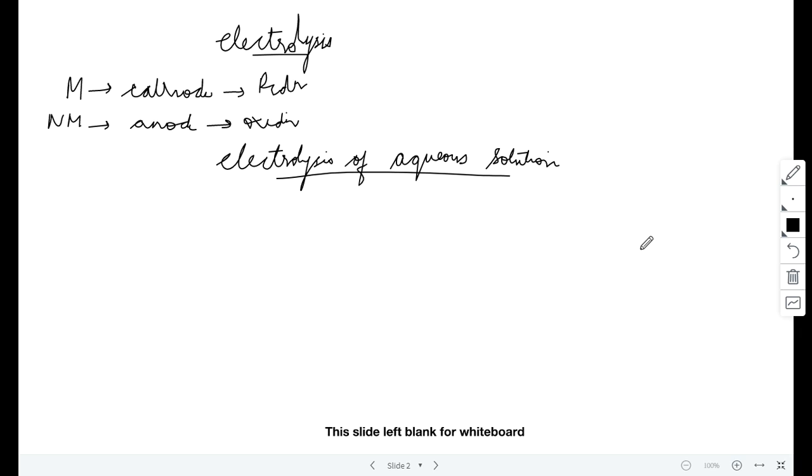So what is the difference? We have three basic states of matter, that is solids, liquids, gases. So then what is the difference between an aqueous solution and liquid? Basically, aqueous solution is when you dissolve something in water, right?